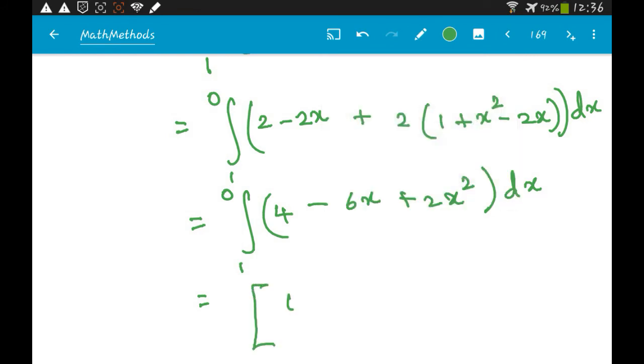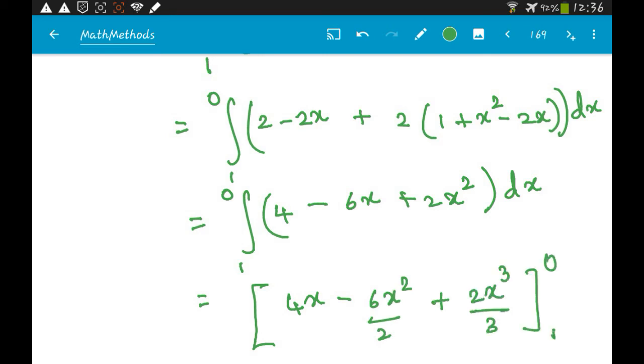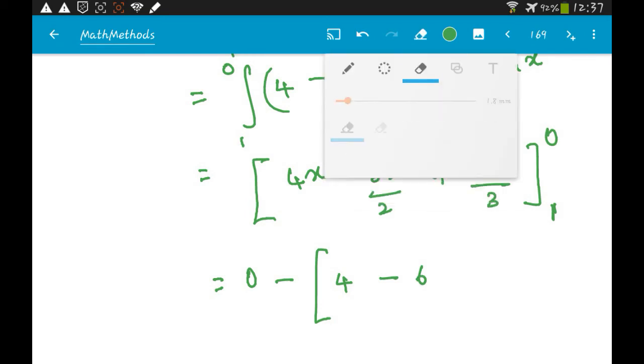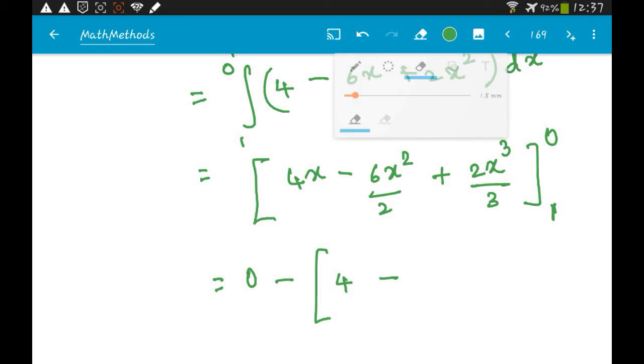So we'll get 4x minus 6x square by 2 plus 2x cube by 3. So 0 minus 4 minus 6 by 2 is 3. And plus 2 by 3.